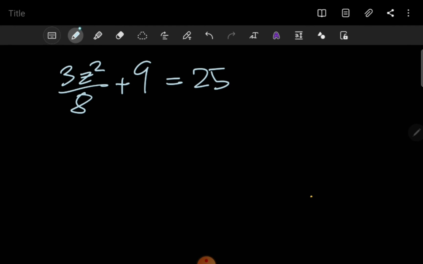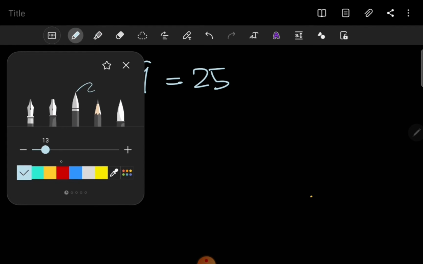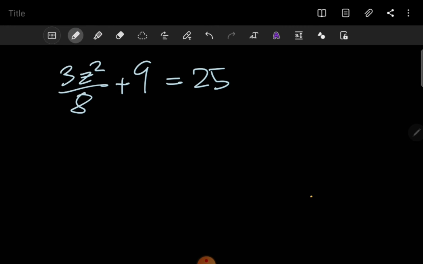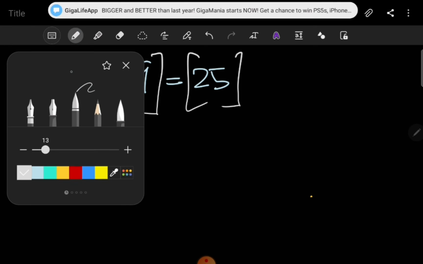To solve this, there are actually two ways, but I'm going to show you one way so that the 8 in the denominator will disappear. So the first step is to multiply both sides by 8.